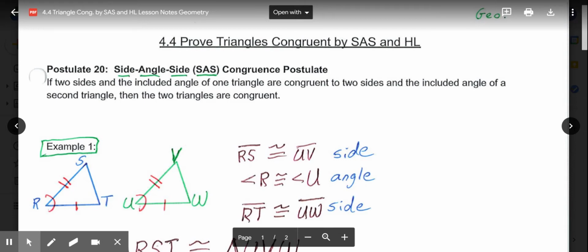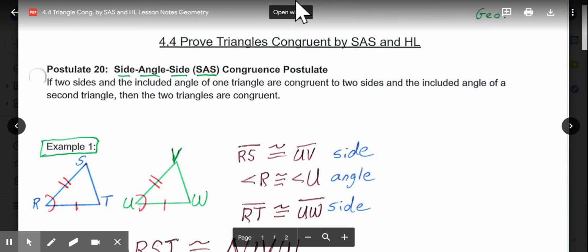So the first thing we're going to look at is postulate 20, the side angle side congruence postulate. Again, all these relate just to triangles. In this postulate, it says if two sides and the included angle of one triangle. Let's first make sense of two sides and the included angle.